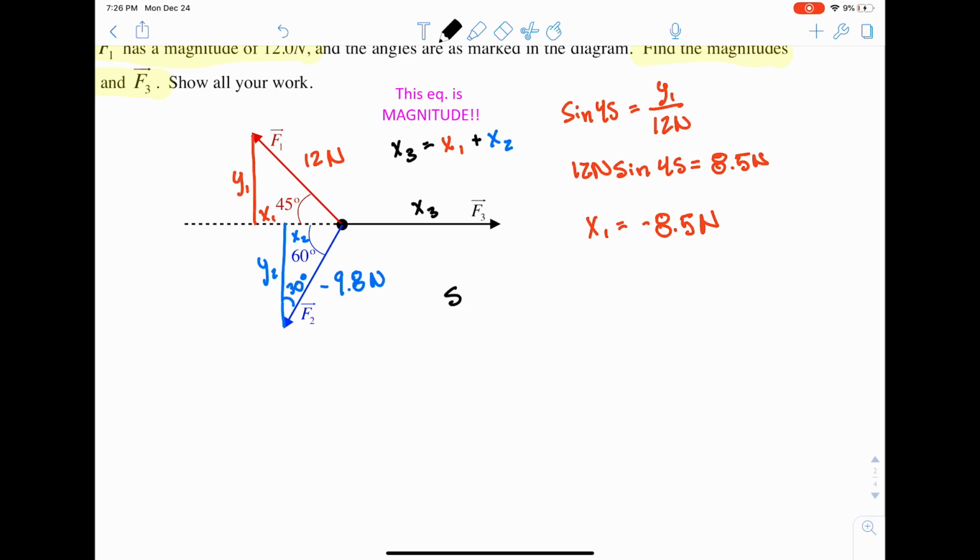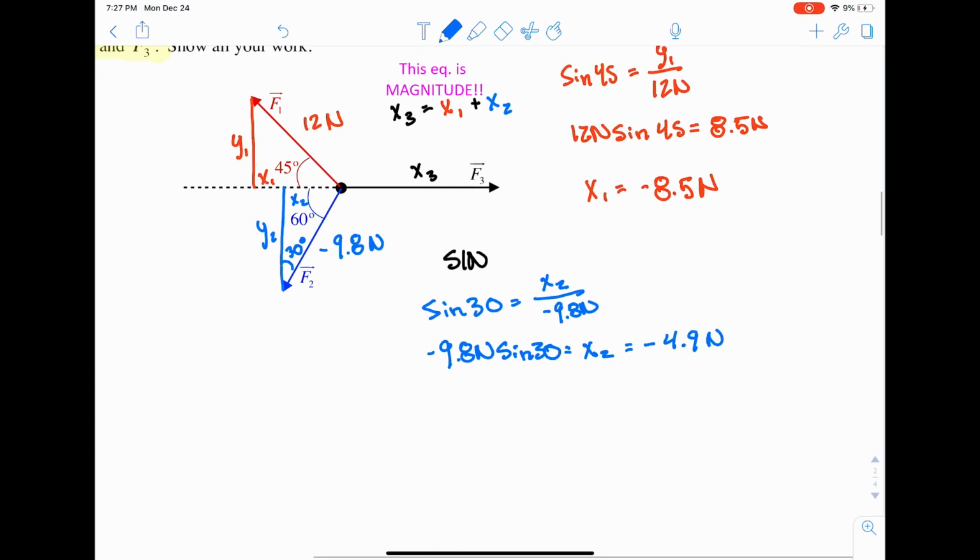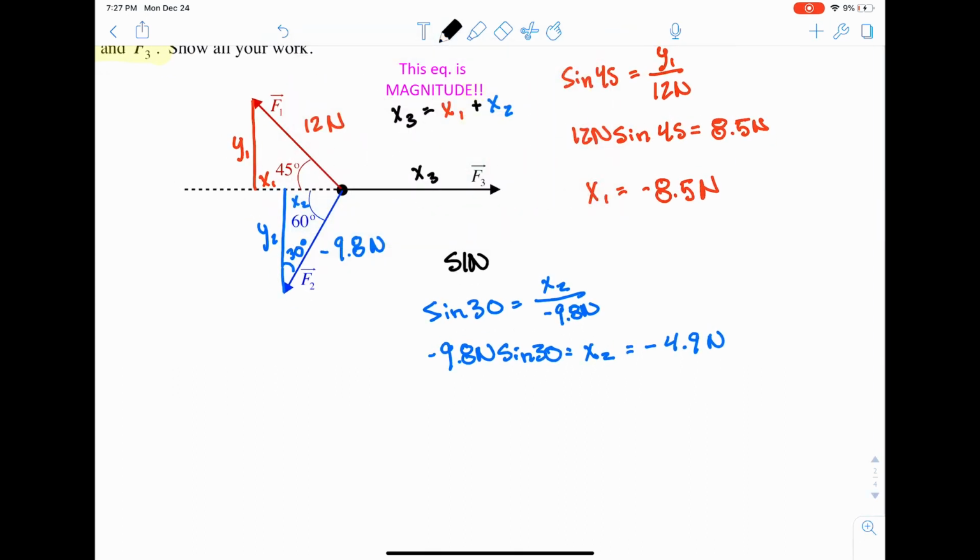So using the sine method, sine of 30 would equal x2 over negative 9.8 newtons. So rearranging this, you would get negative 4.9 newtons. Now let's use the tangent method.